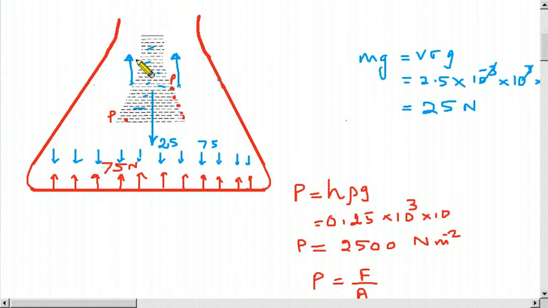The vertical component is still existing in this system. So that force must be able to cancel 50 Newton from this 75.